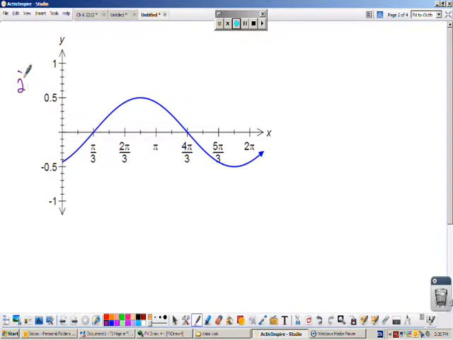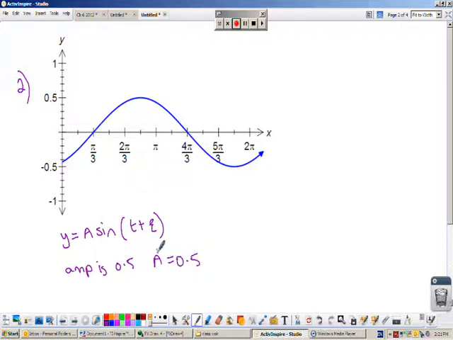Question 2, this time we have a sine graph of the form A sine t, where there has been some horizontal translation. Now we look at the amplitude, and from the centre of the graph to the top we can see that it is 0.5. So if the amplitude is 0.5, therefore A must equal 0.5 because the graph has not been reflected in the x-axis, therefore it's positive.